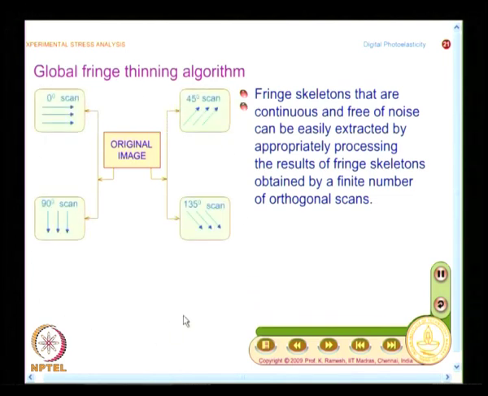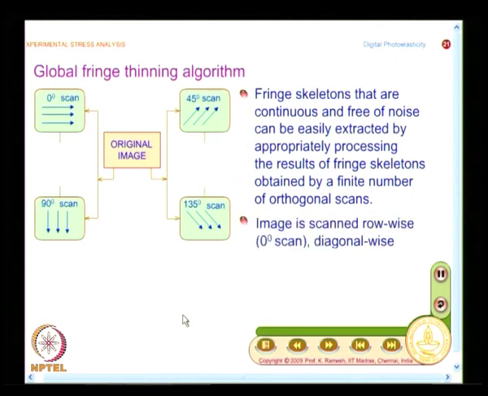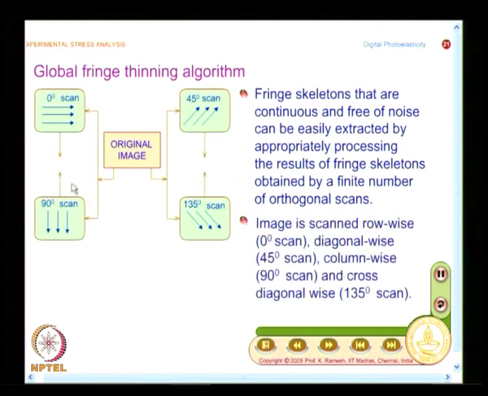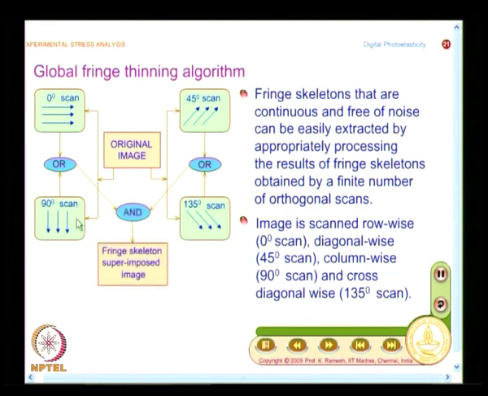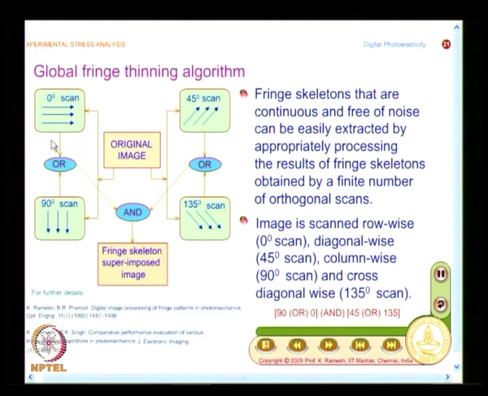Even when I have an arbitrary geometry, it is enough that I scan the image horizontally and scan the image vertically. The scanning direction is simple and straightforward. The implementation is also very simple, and you take a logical OR of these two, you get a fringe skeleton completely, but this will have noise.